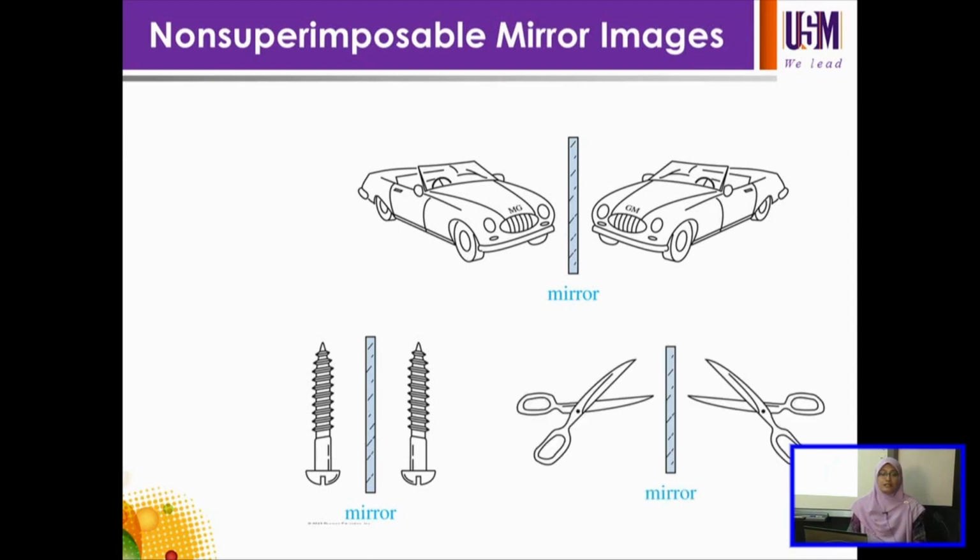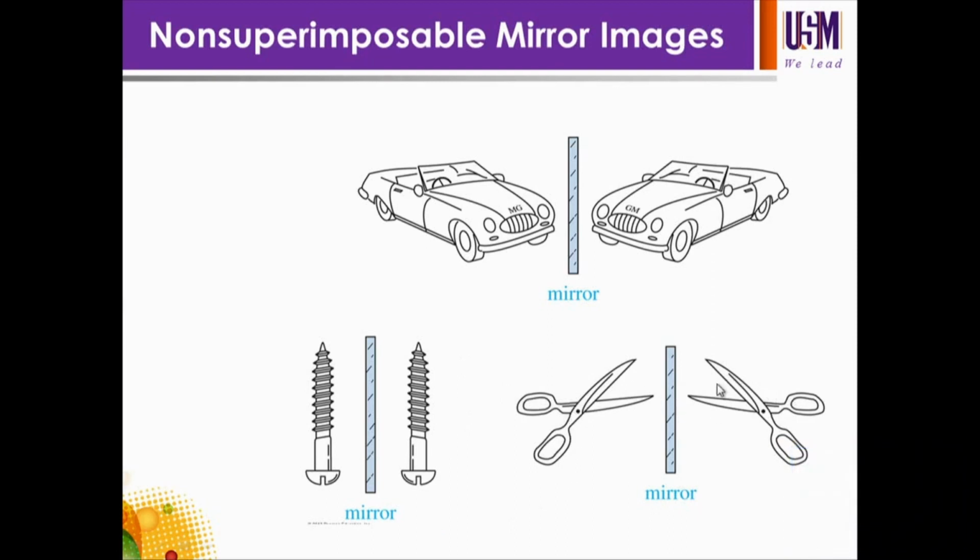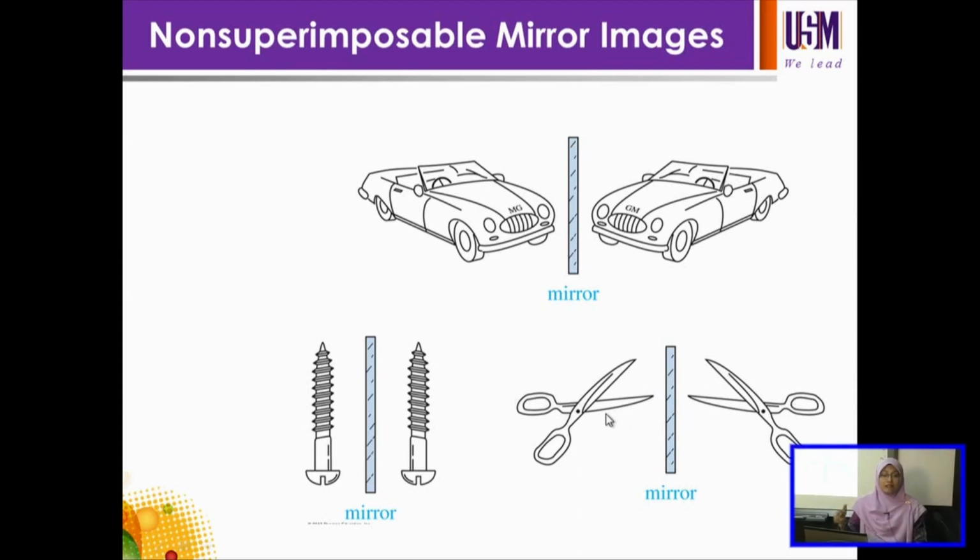What about a scissor? We can place the scissor in front of a mirror and see its mirror image. We might think that it's the same scissor, but it's actually not. When we place a right-handed scissor in front of a mirror, we will see a left-handed scissor.